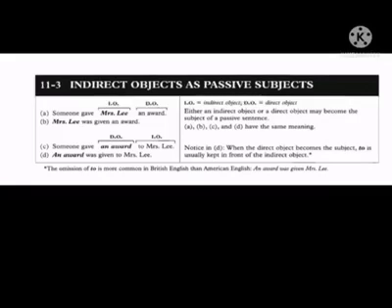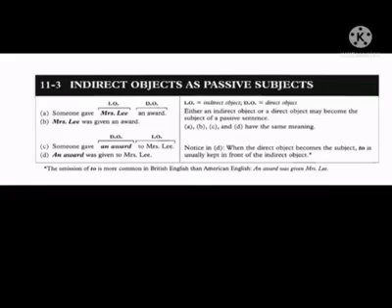An indirect object is the noun, noun phrase, or pronoun to whom or for whom the action is done. It receives the action through the direct object and not directly. An indirect object answers the question to whom, for whom, or from whom.